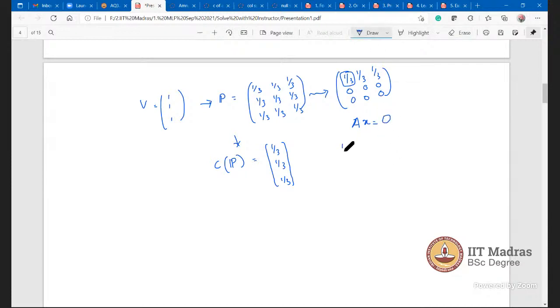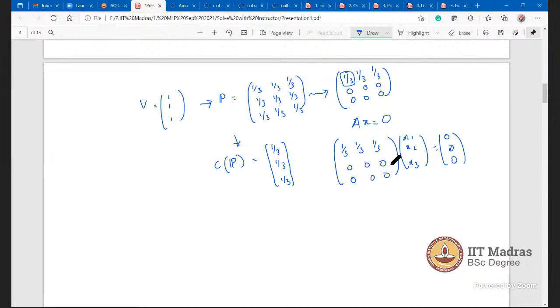So we get 1/3, 1/3, 1/3, 0, 0, 0, times x1, x2, x3, equal to 0, 0, 0. Here we have 3 columns.